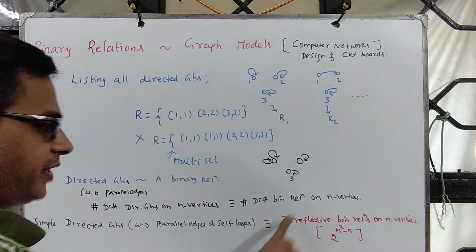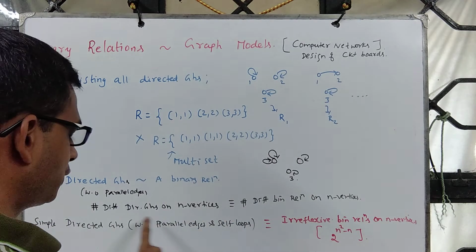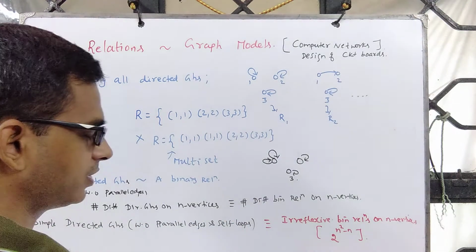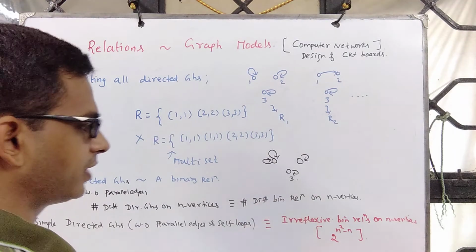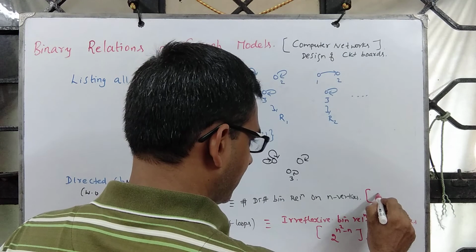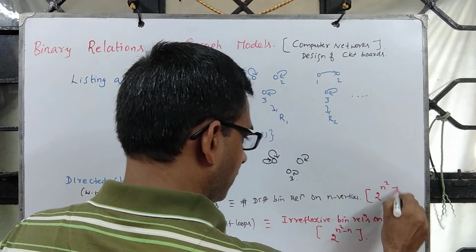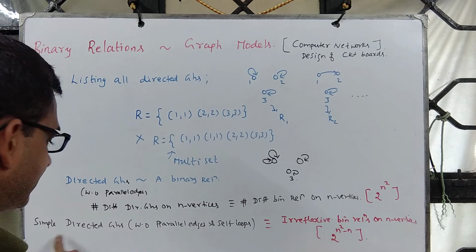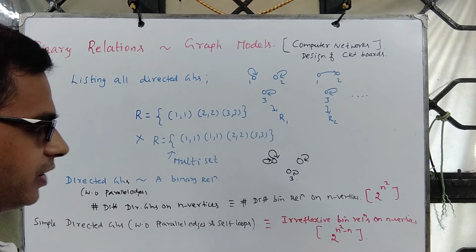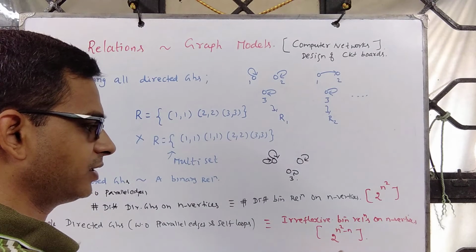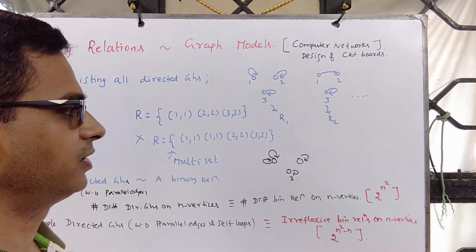So each binary relation corresponds to a directed graph on n vertices, which means the number of different binary relations is the same as the number of different directed graphs. And counting simple directed graphs is equivalent to counting the number of irreflexive binary relations. That number is precisely this.